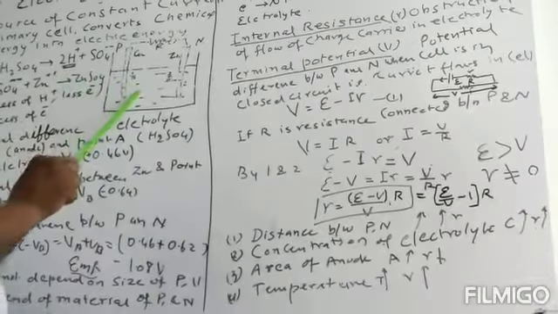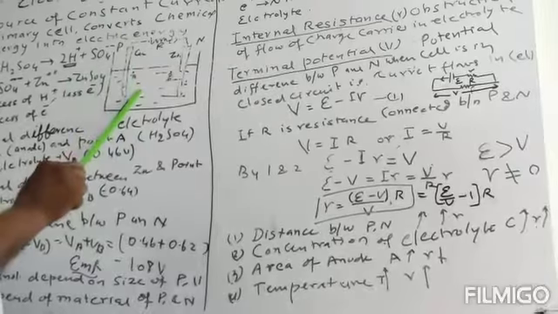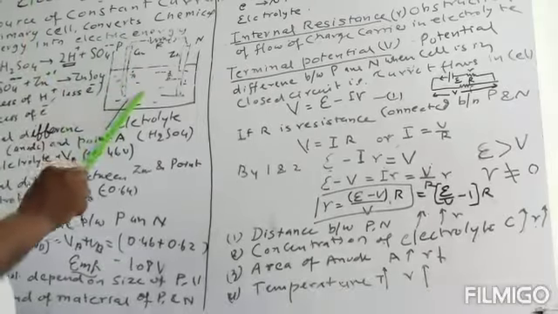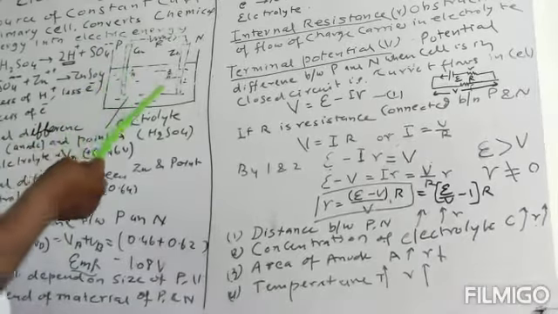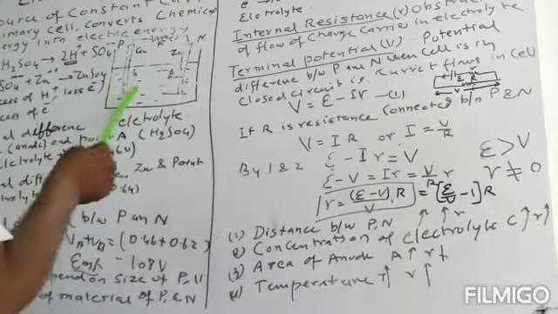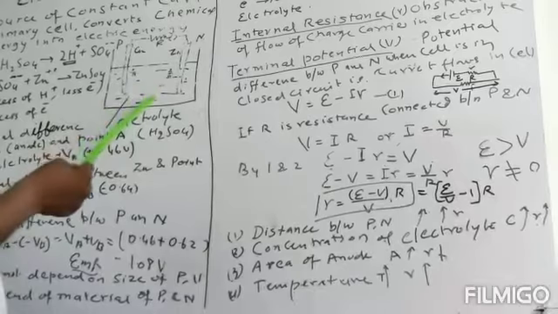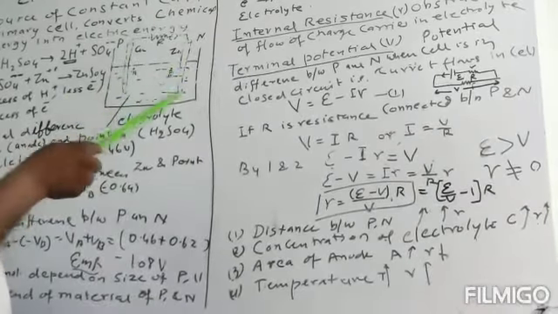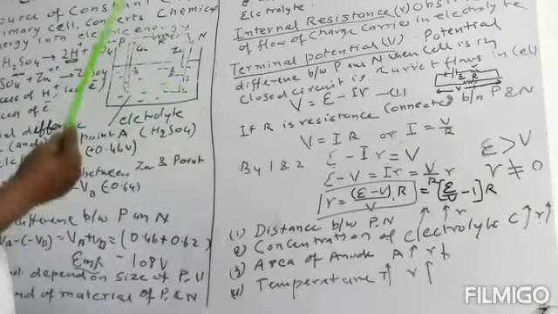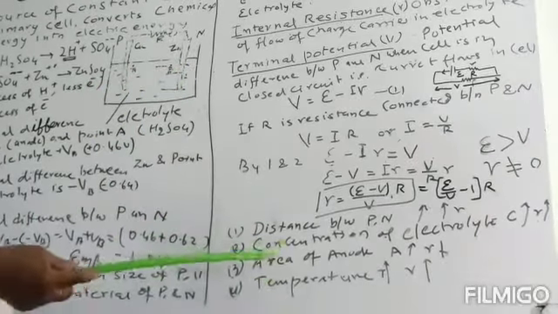If the concentration is more, more ions are present, and when more ions are present, the internal resistance will be more. And it will depend upon the temperature. It will also depend upon the current which we are drawing. If more current is drawn, the internal resistance will increase.